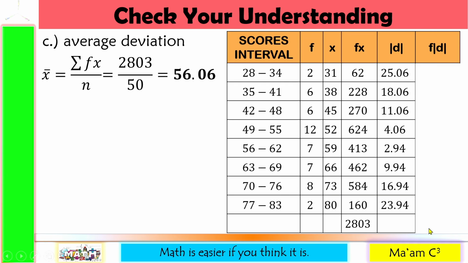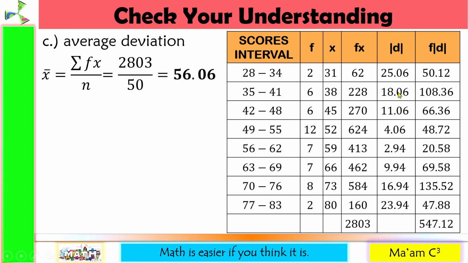Now, for the last column, your answer in the deviation column, multiply it with the corresponding frequency. 2 times 25.06 is 50.12. 6 times 18.06 is 108.36. Do the same thing for the rest of the rows, and then finally get the summation.